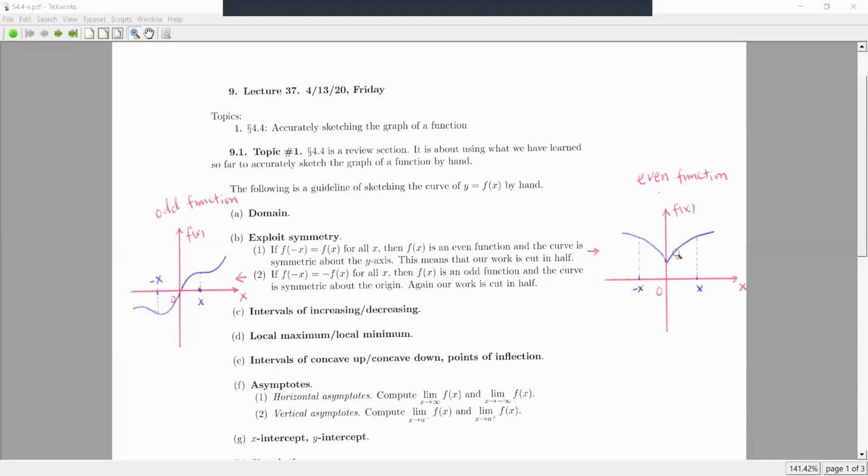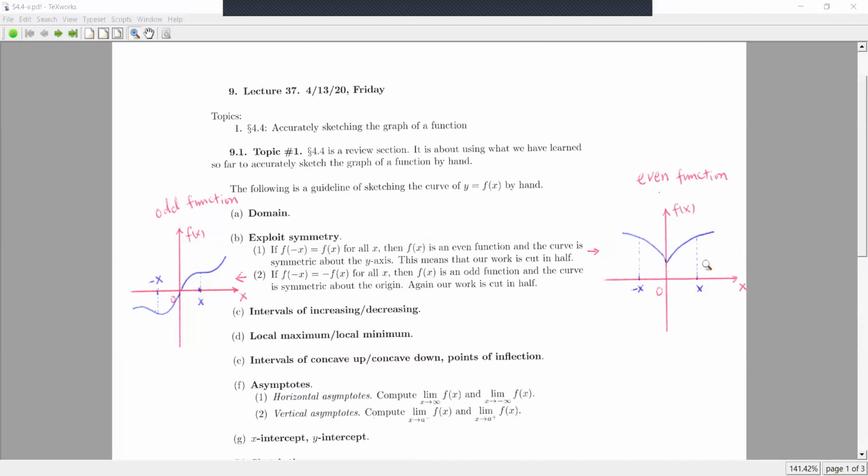After we get the graph on the right half plane, we can reflect this portion about the y-axis to the left half plane to complete the whole graph. So our work can be cut in half. We just need to focus on the sketch on the right half plane.